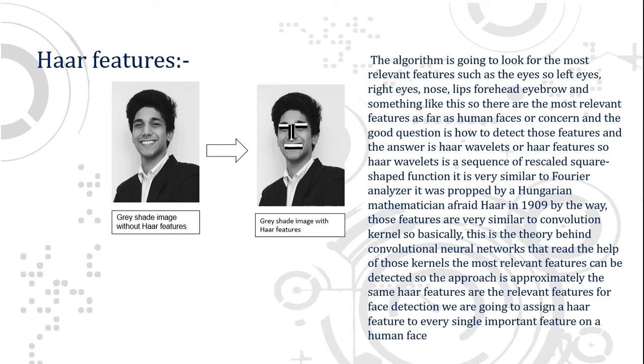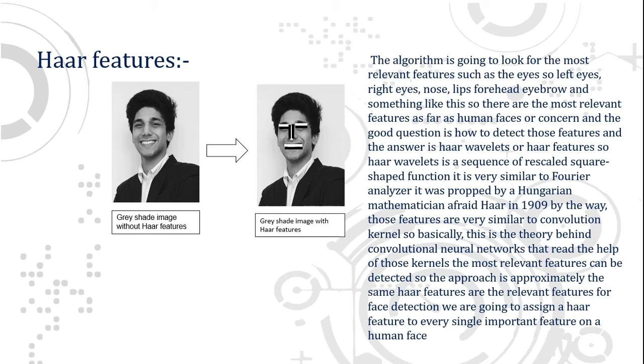By the way, those features are very similar to convolution kernels. So basically, this is the theory behind convolutional neural networks. We also know how we recognize any type of image and train them to give any type of information in a convolutional neural network for image processing.